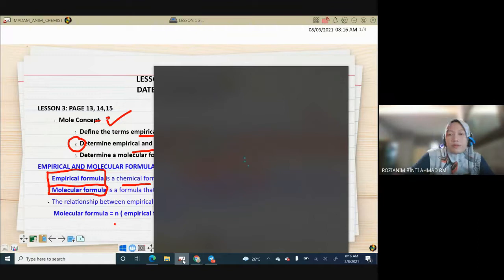Sekejap, stop screen, saya stop sharing screen, saya pindahkan ke sini.